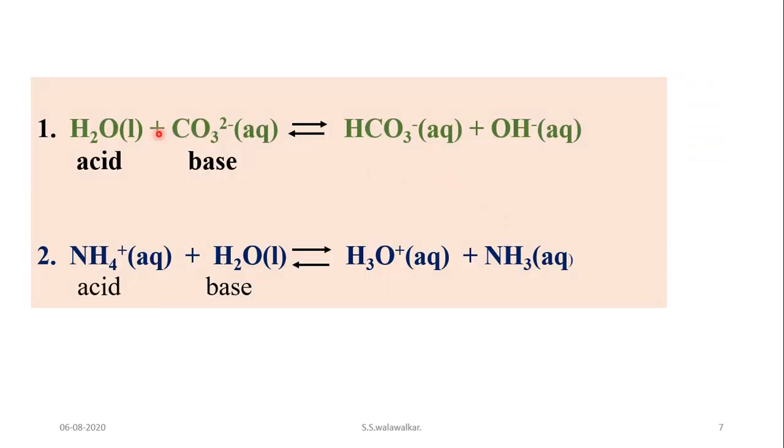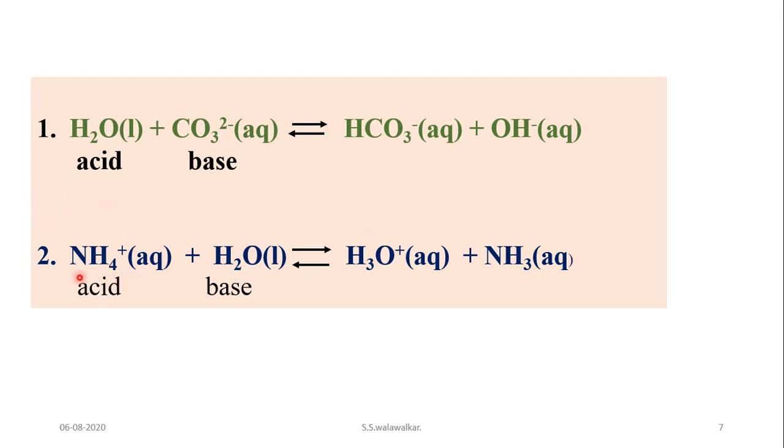See some more examples. Water, when it reacts with carbonate ion, donates its proton and acts as an acid. Bicarbonate ion is formed, which is the conjugate acid of carbonate ion, and the OH ion, which is the conjugate base of water. In another reaction, water acts as a base and accepts a proton from the ammonium ion, forming the hydronium ion, a conjugate acid.